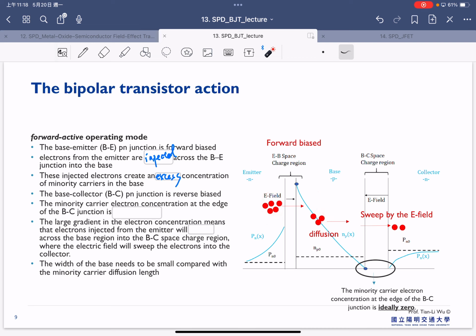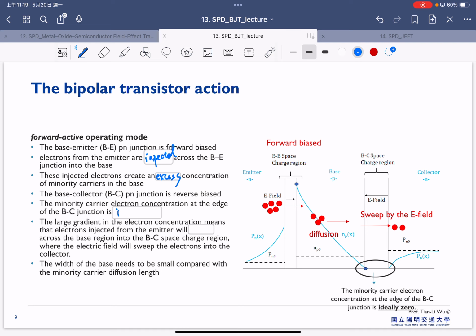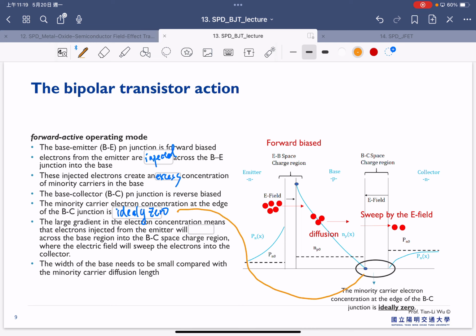Also, this junction is reverse bias. So the base-collector PN junction is reverse bias, and the minority carrier electron concentration at the edge of the BC junction is ideally 0. This should be ideally 0 here.